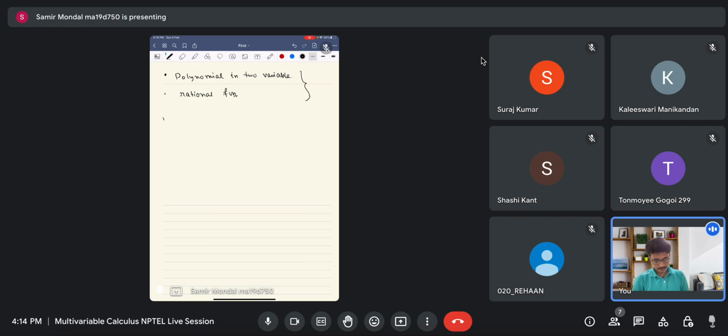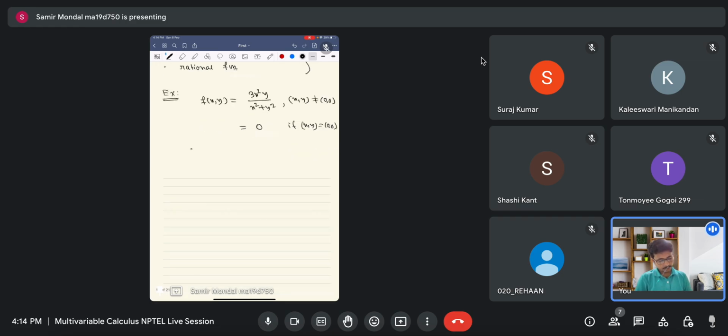Right now please try to check one example that is given. F of xy is equal to 3x squared y by x squared plus y squared when (x,y) is non-zero, and 0 if (x,y) is (0,0).